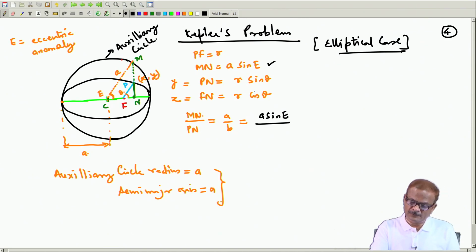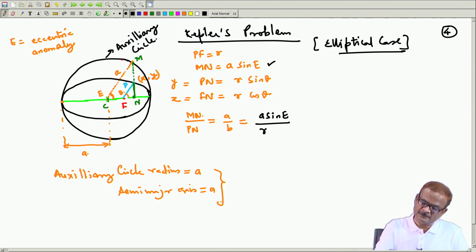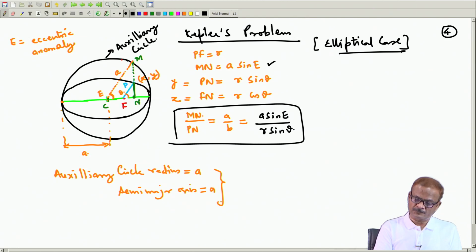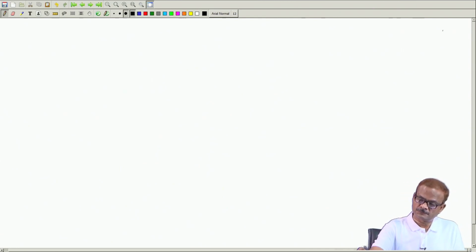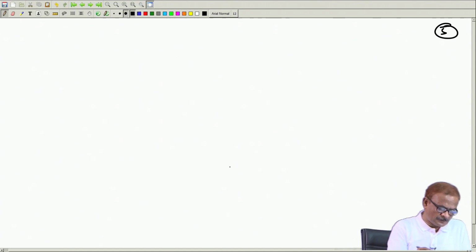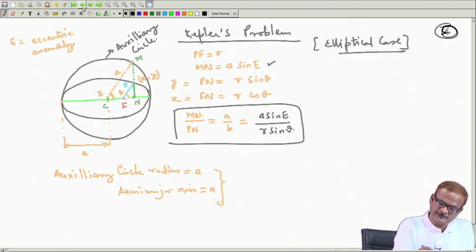So, we are going to get the relationship between them. So, this relation we have been working out. So, now writing the whole thing.